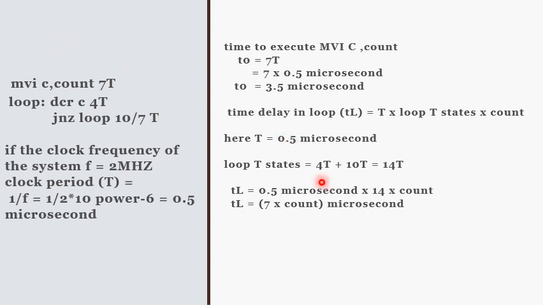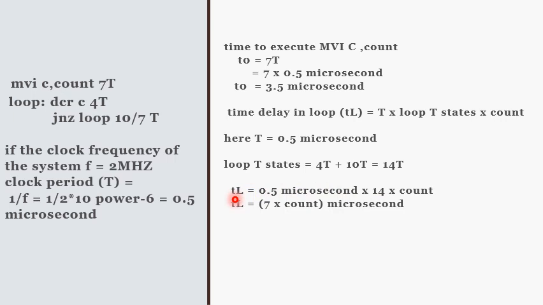So TL, the time within the loop, is 0.5 microseconds, that is T, into 14 into the count value, which is the loop time. Since we are unaware of the count value, if we multiply 0.5 into 14, we get 7 into count microseconds, right?